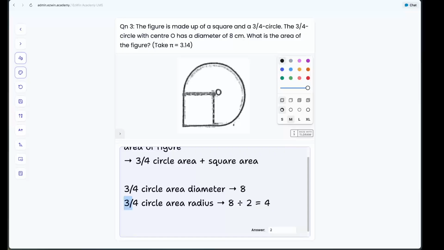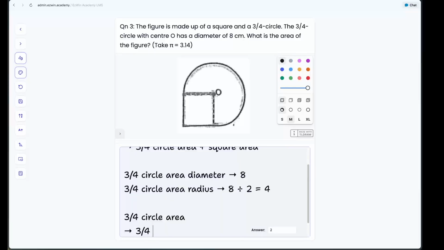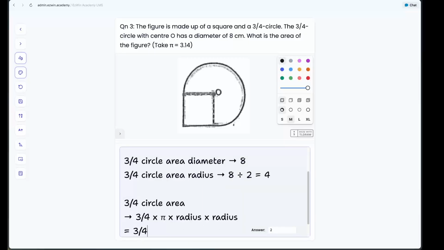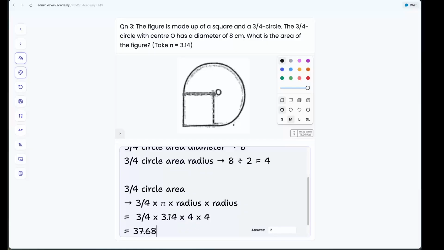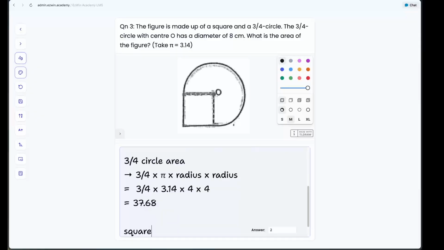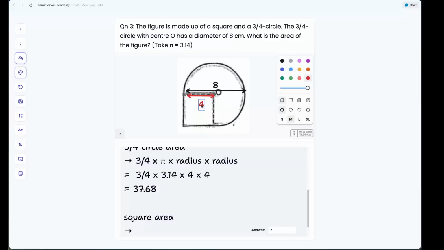So to get the area, basically 3/4 times pi times radius, and this will be 3/4 times 3.14 times radius is 4 times 4, and this will give us 37.68. Then we will get the square area, which in this case is 4 times 4, which is 16.